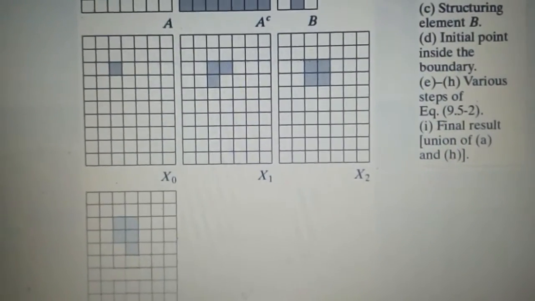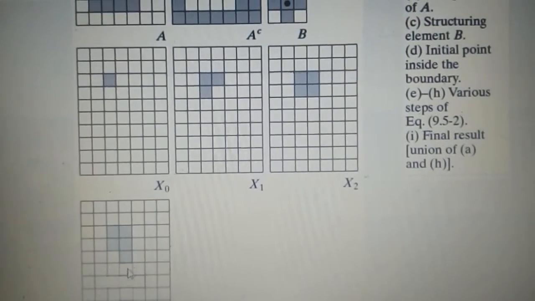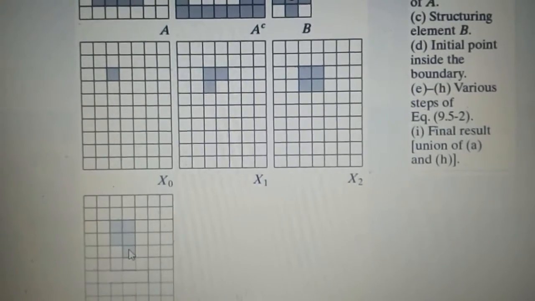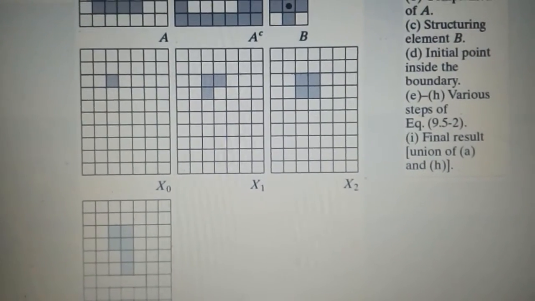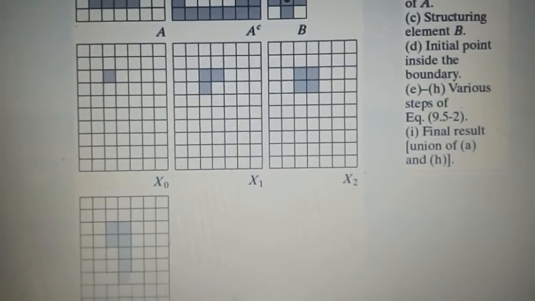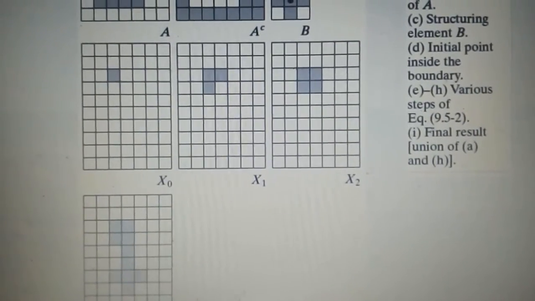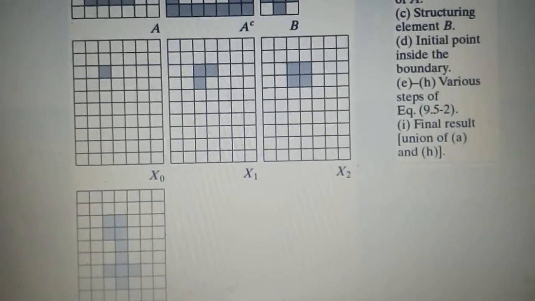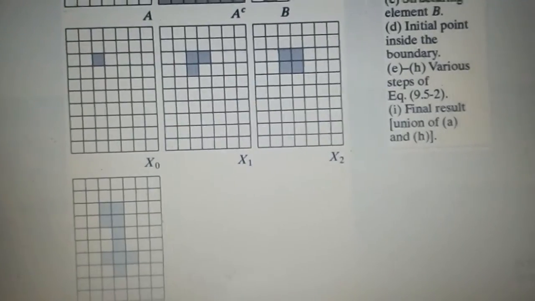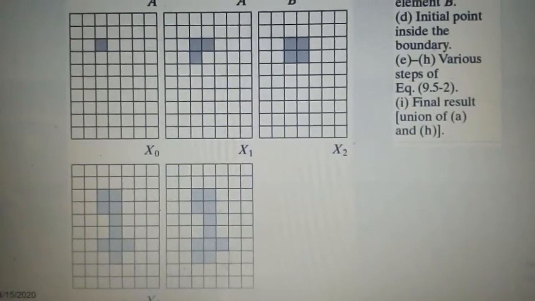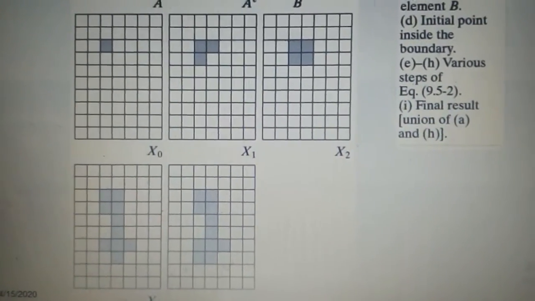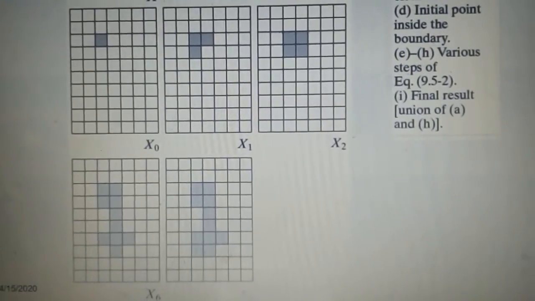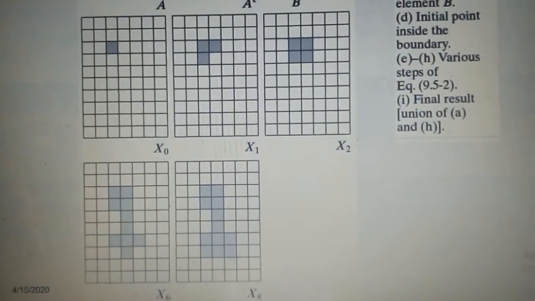In the third iteration we go 1 more point, in the 4th the next, in the 5th 1 more, in the 6th we have 2 more points, in the 7th we have this point, and in the 8th iteration we have all the points.